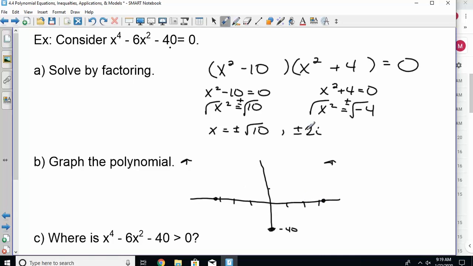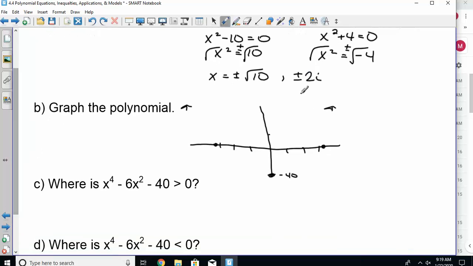Can you graph plus or minus 2i? No. These have multiplicity of 1, so our graph will go through. So we get something like this. Where is our graph greater than 0?